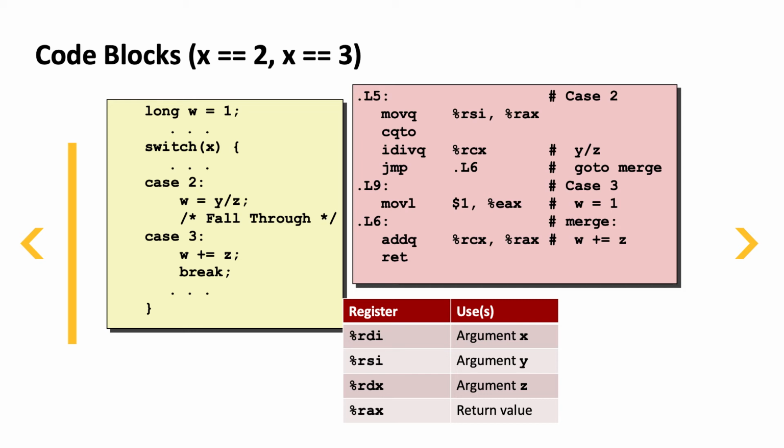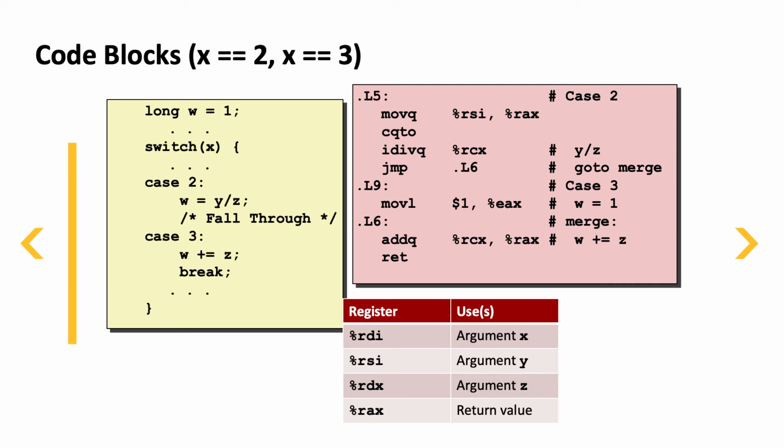Now if we just call case 3, remember that's where we initialize w because that's the only place we have to. So if I just have case 3 and not case 2, then I'd go to L9.